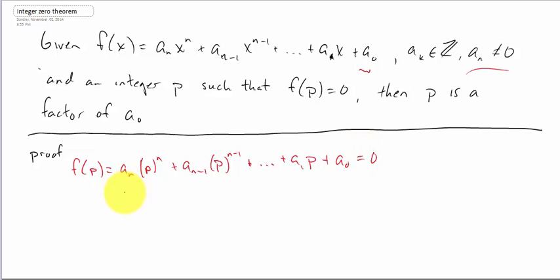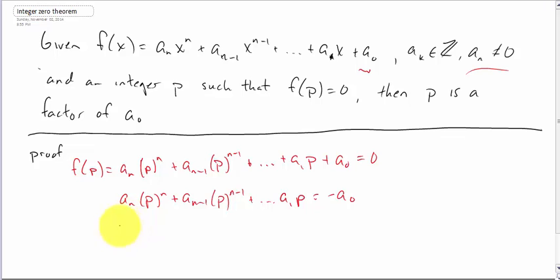So if we move the constant term to the other side, now everything on the left side has a factor of p in it.